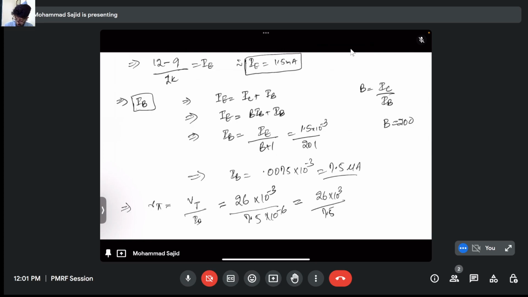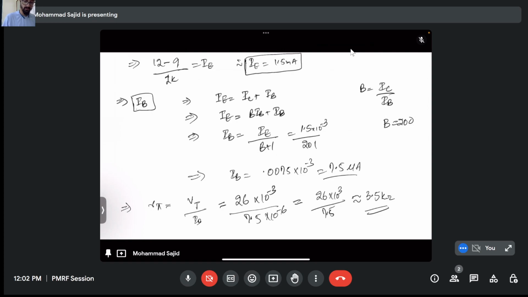So it is 26 divided by 7.5, that is approximately 3.46. Let's say it is 3.5 kilo. So R pi is approximately 3.5 kilo.